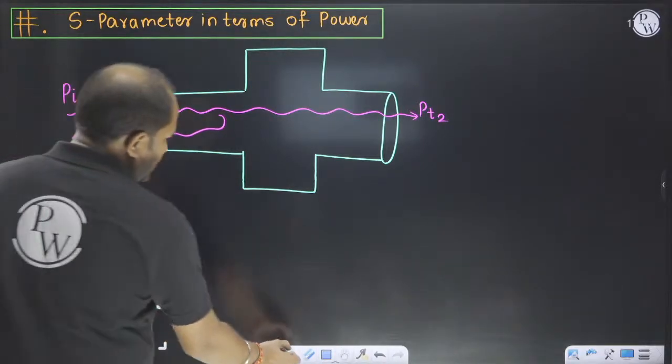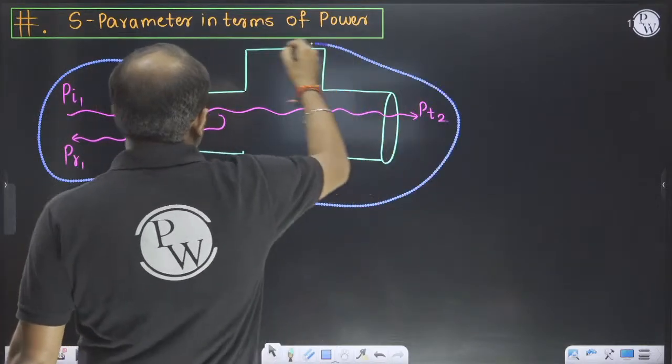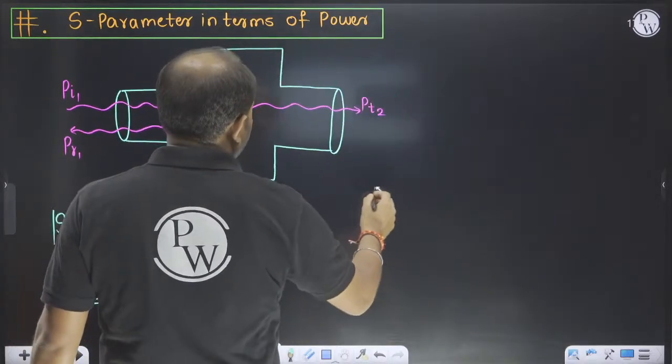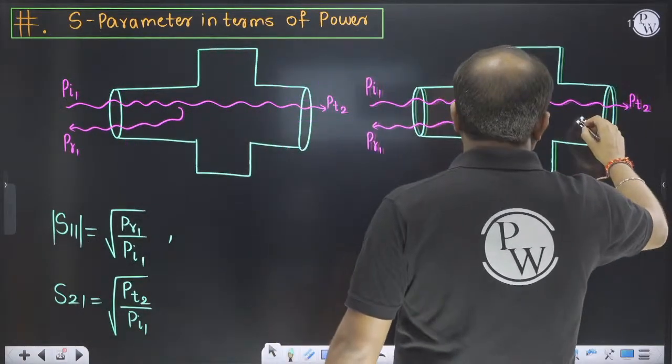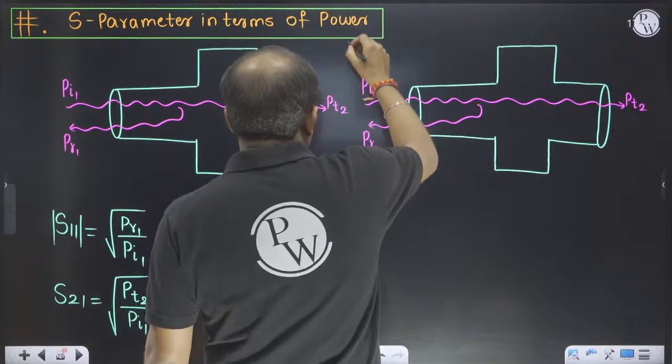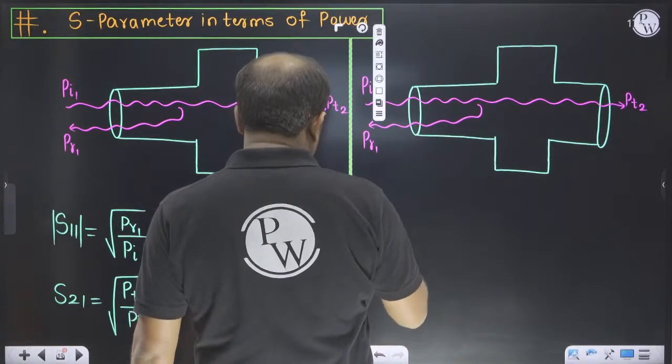After that we will discuss the second thing. If the incident wave is from the second port, what will happen?